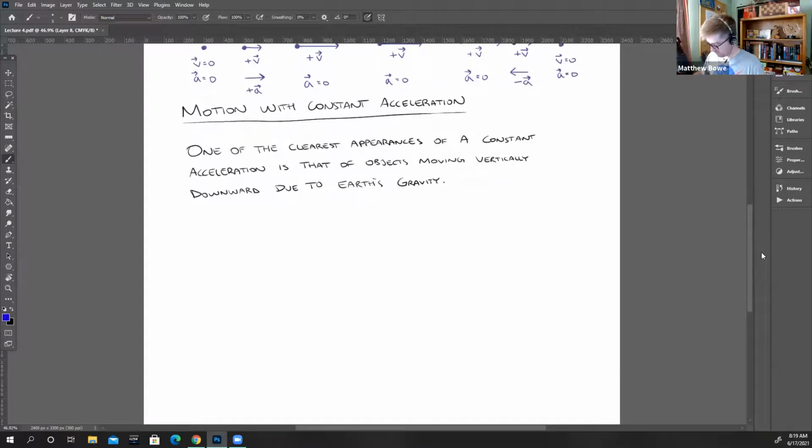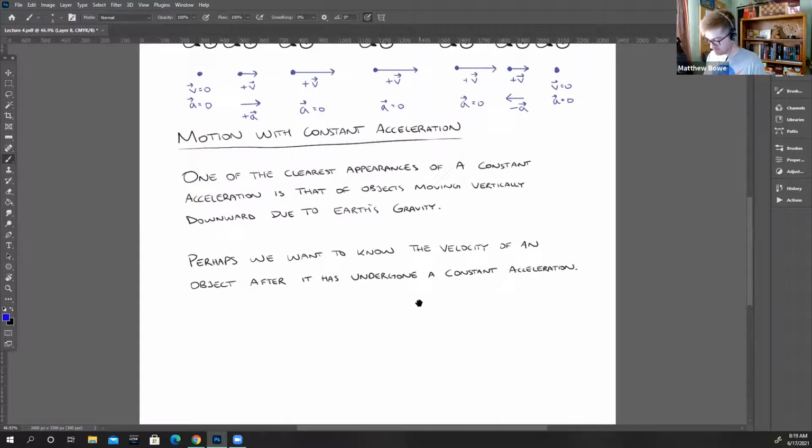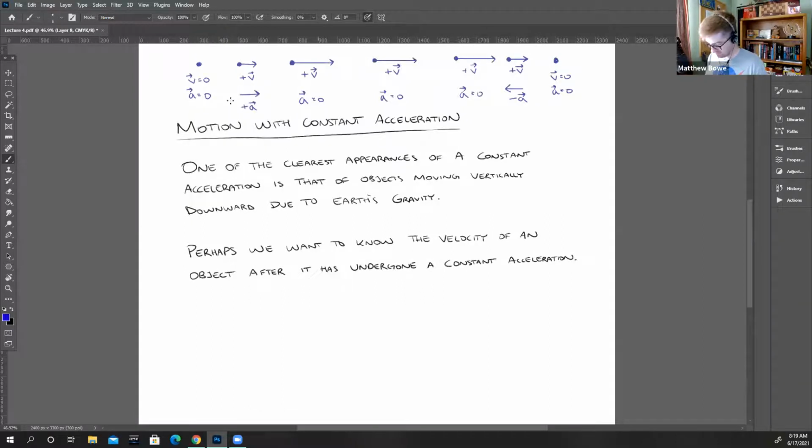We learn from intuition. Perhaps, like the person on the bicycle, maybe we want to know someone's velocity. I'll just keep the dots. So someone's velocity after they've undergone a little bit of acceleration.